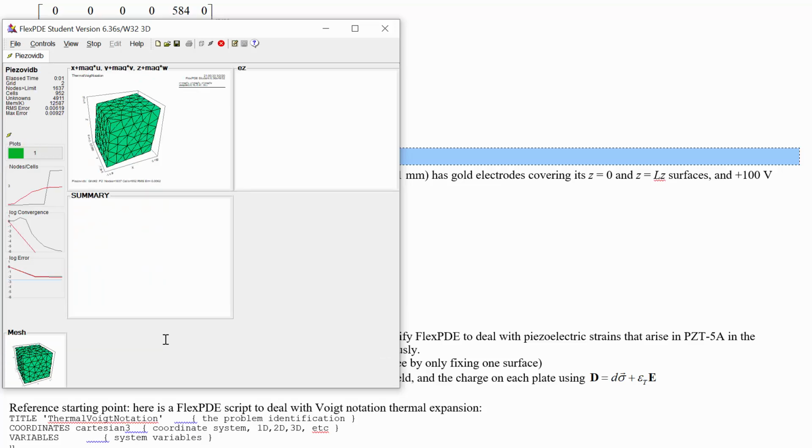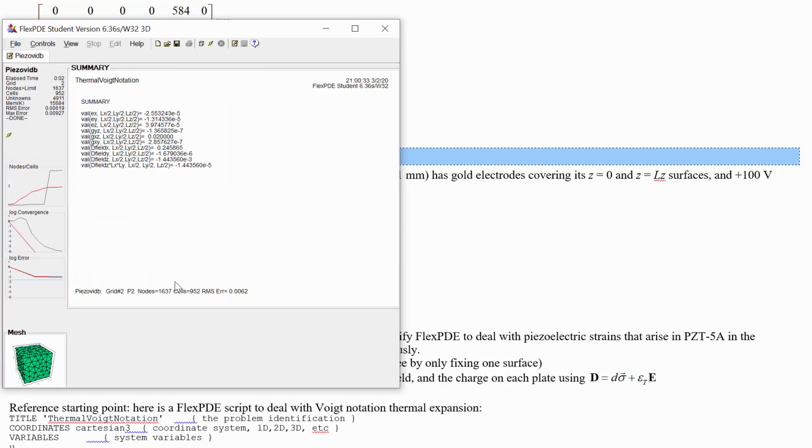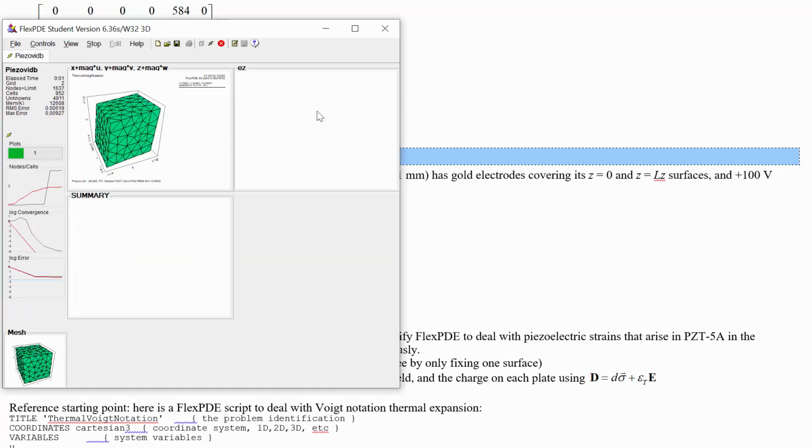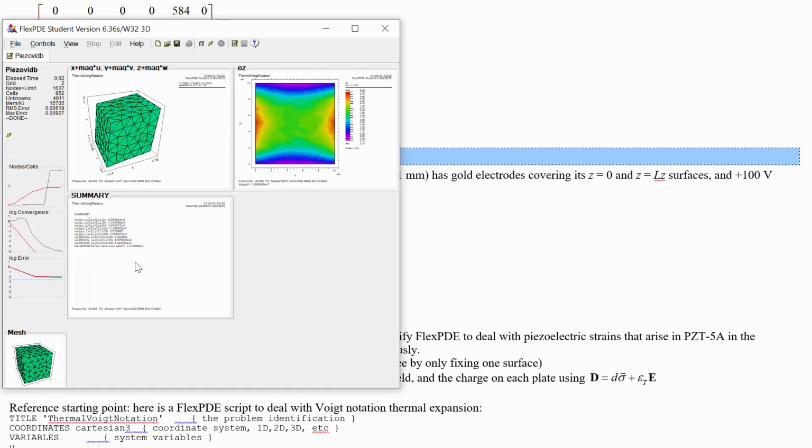So this is the number of coulombs on the top plate. So 1.4e-5. Oh yes, D field z should be in the negative direction here. So if we go negative D field z, that's the amount of charge enclosed by an area enclosing the top plate. And there we go, we have positive charge on the top because D field z is negative.